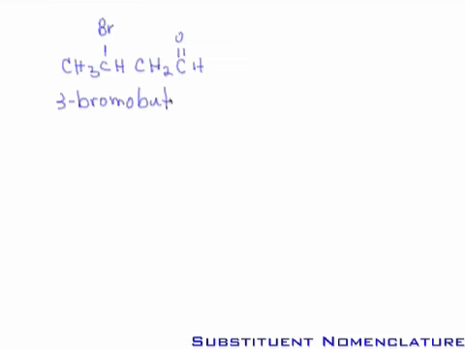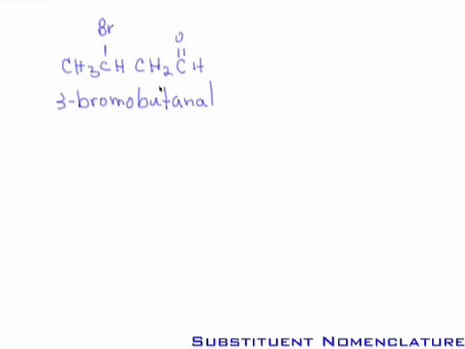For example, if I have a butyraldehyde or a butanal, and if I was giving the IUPAC name, and say there was a bromine here, I would number from the aldehyde, 1, 2, 3, and write down 3-bromobutanal.